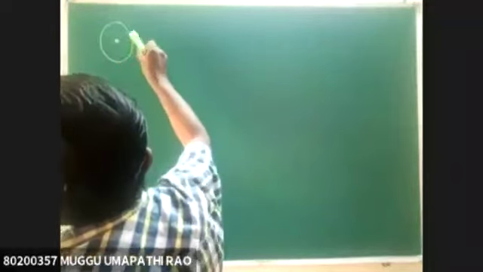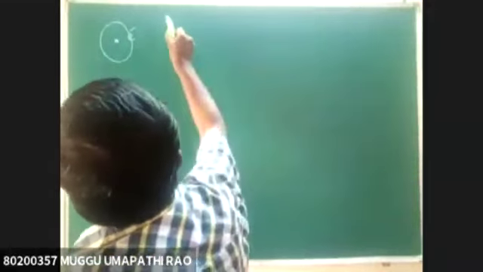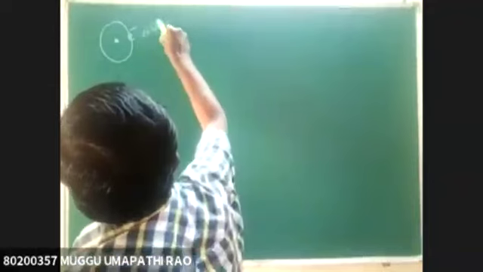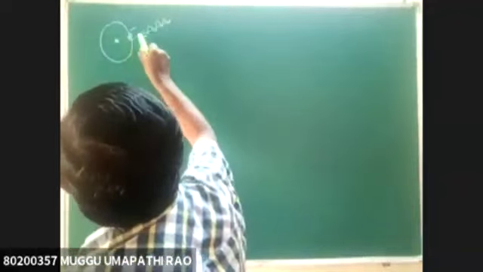This is the nucleus. This is the electron. Okay, a photon strikes this electron.